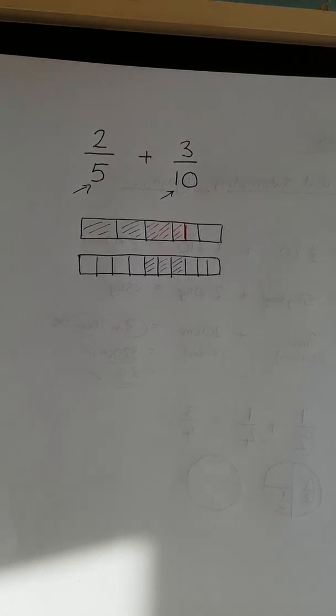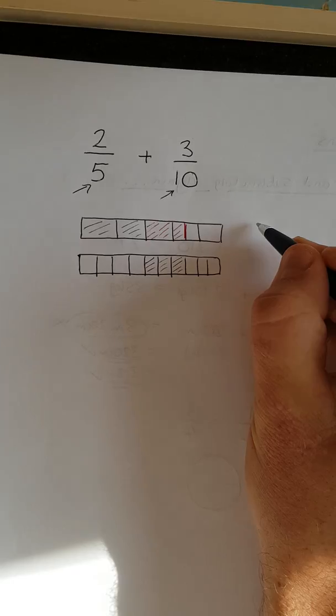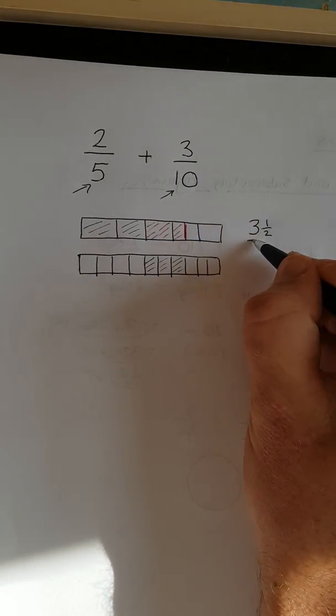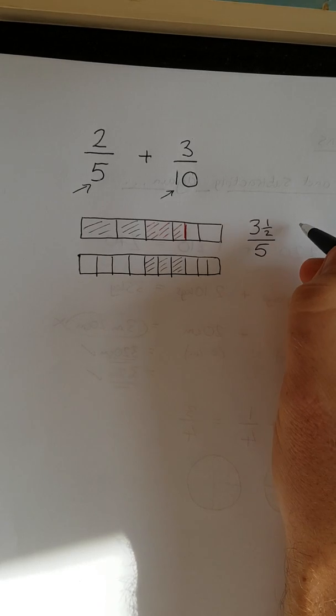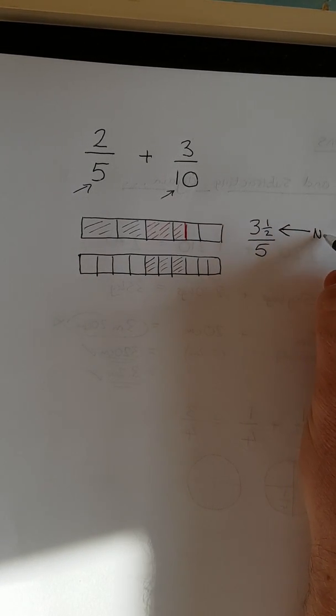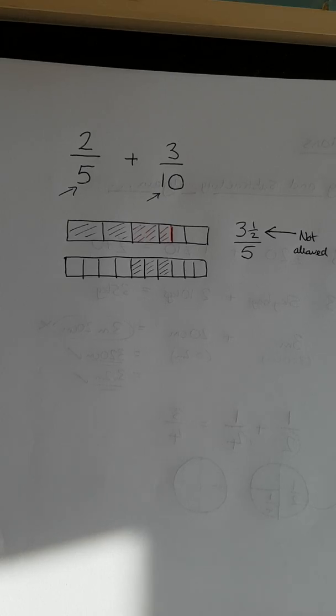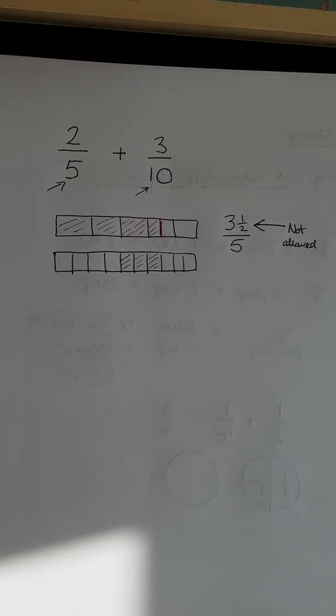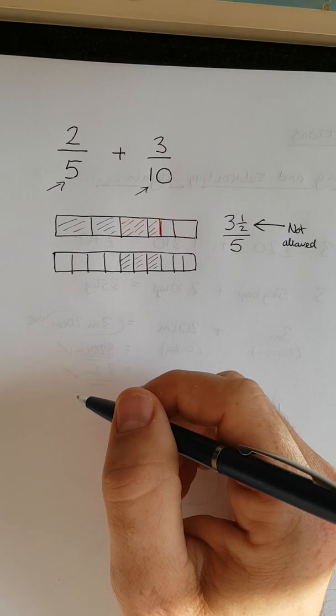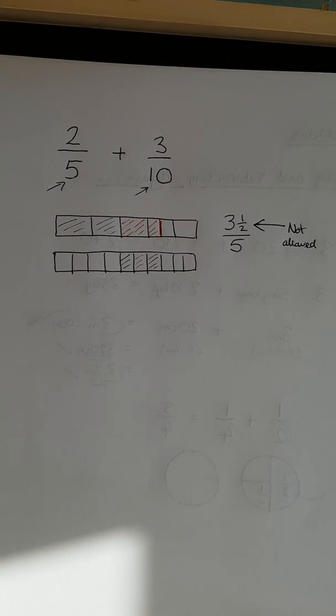So the question is, what fraction have I just drawn? Can I describe it in fifths? Well, I can, but actually it's quite tricky. That would be 3.5 fifths. And in a fraction, I am not allowed to use a non-integer in the numerator. So that's a problem. Is there another way of describing it?